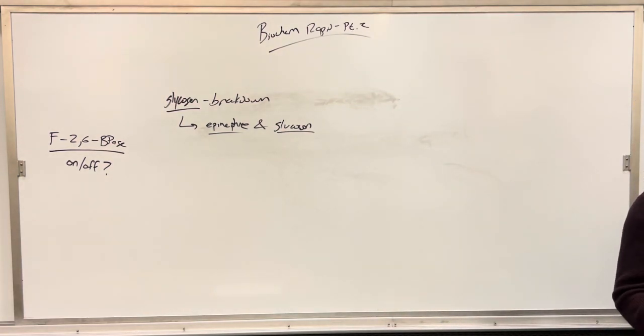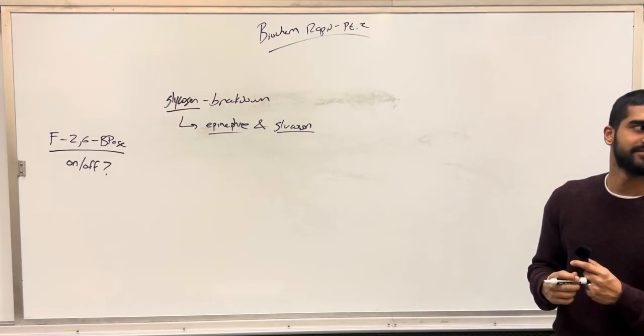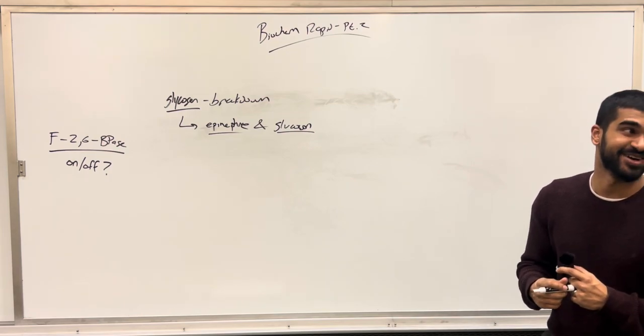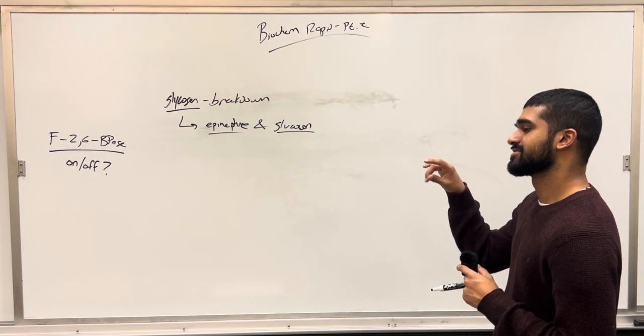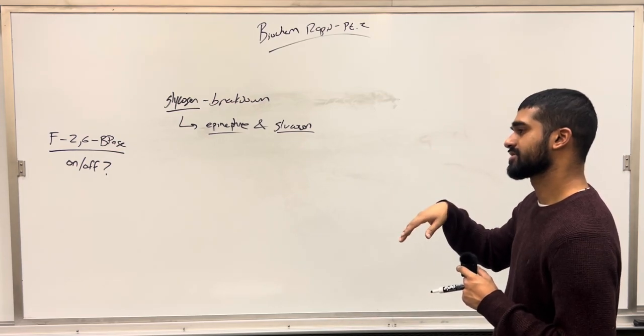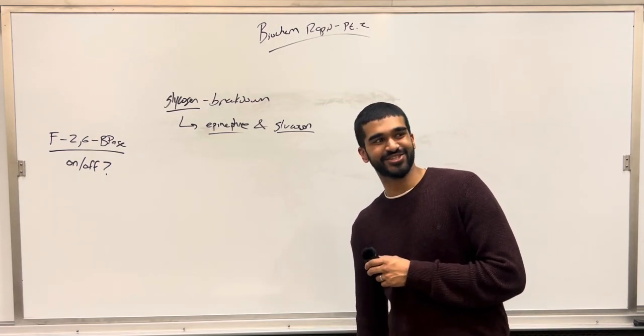Think through it. Take a second, on or off. Well, I have to think about it as well for 1 second. Hold on. Should be on, right? That's the conclusion I came to.